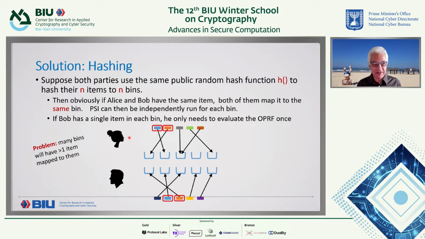The problem is that if we use simple hashing, n items to n bins, many bins are going to have more than one item in them. Actually, with very high probability, one bin will have log n items. So we say, okay, let's map n items to 2n bins. You're still going to have this property as long as you're mapping to some order of n number of bins. So we need to do better.